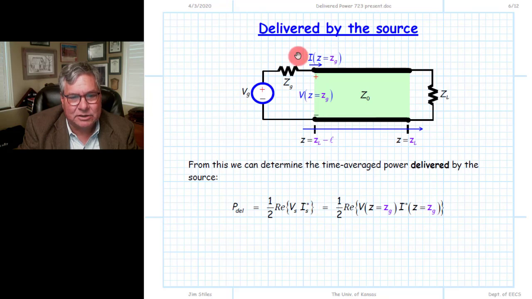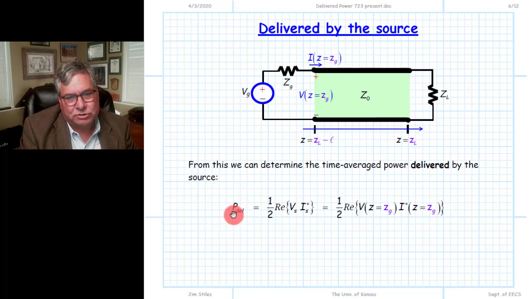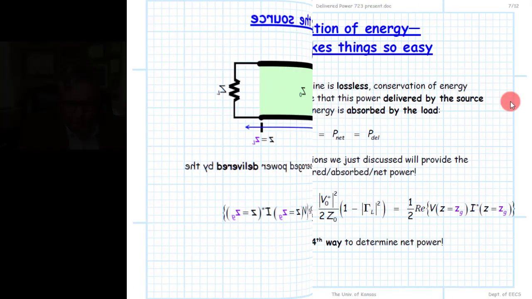I sub S is the current at the output of the source, the current through ZG, and therefore the current into the transmission line there. And so again, we take the two values that we discovered from our telegrapher equation solutions, and from that we can calculate the power that is being delivered by the source, the rate at which energy is flowing out of the source.